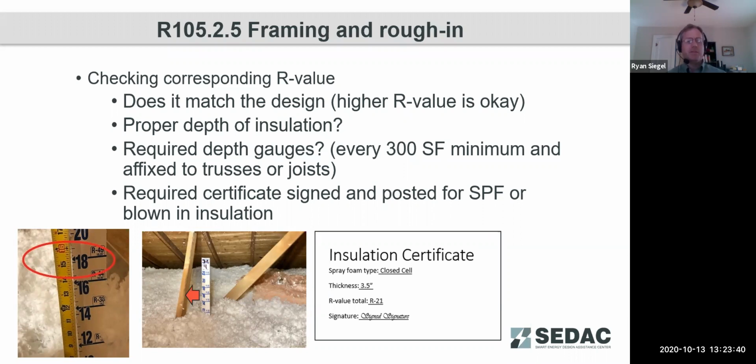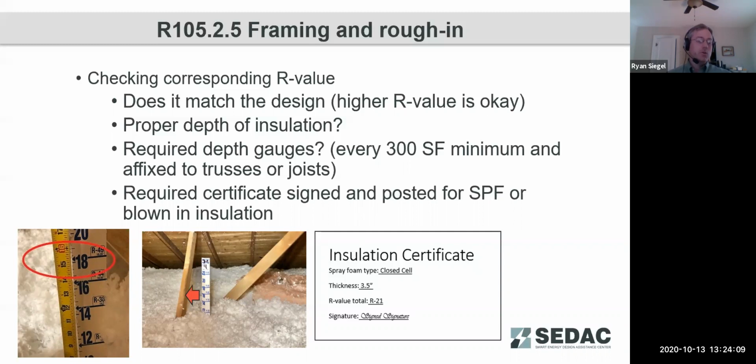So that means that this marker has sagged by 2.5 inches, which would indicate that if you just read the tag and it was blown up to an R49, there's actually not a full R49 there, because there's 2.5 inches less insulation that was actually installed. So making sure that the 0 is actually correct.